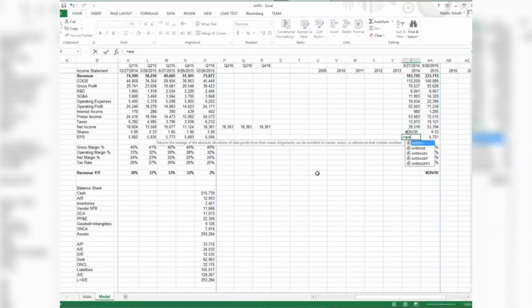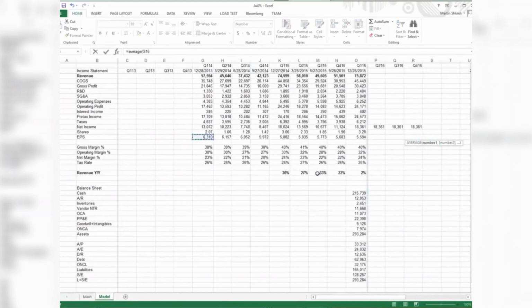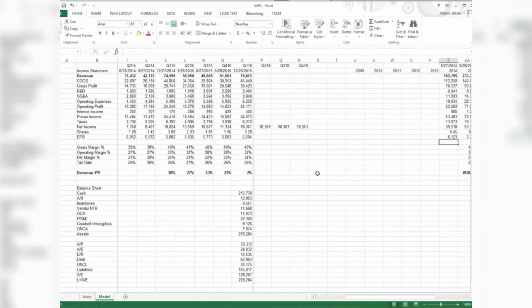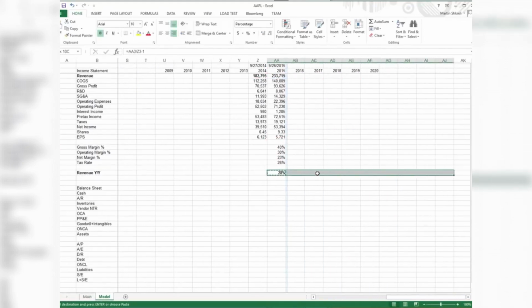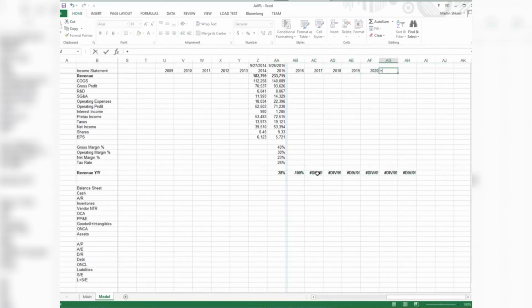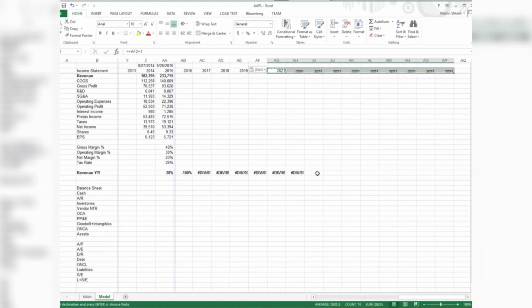And here I'm going to do the average for 2014. Done. All right. Now you can see year over year, revenue in general grew about probably 30% is my guess. 28%, good. I'm going to copy and paste this going forward. I'm going to extend this out another, say, 15 years or so.